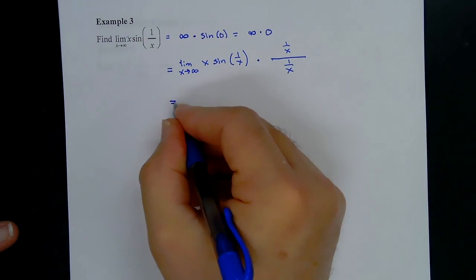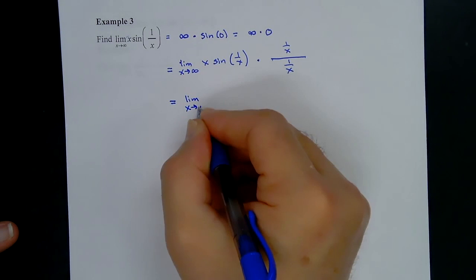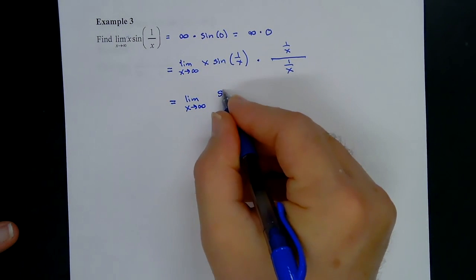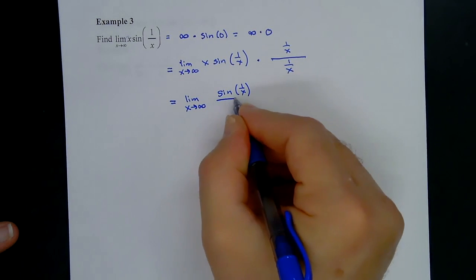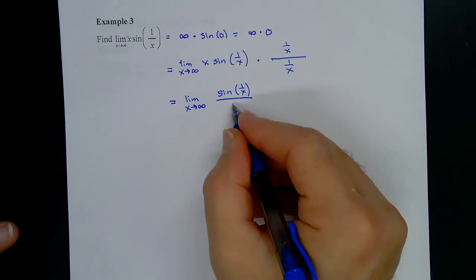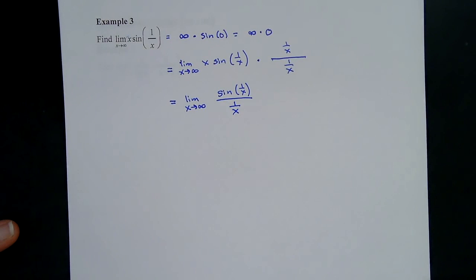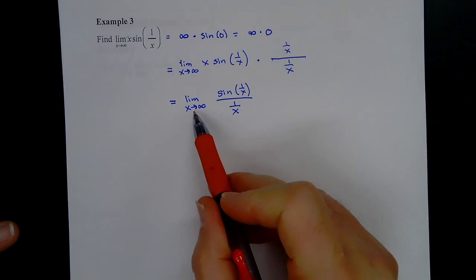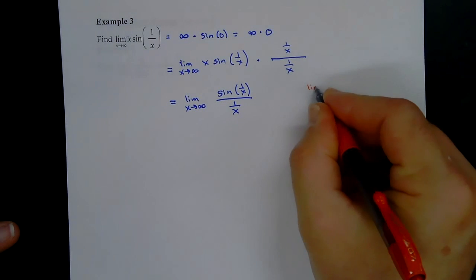And so we wind up with the limit as x approaches infinity of sine of 1 over x over 1 over x. Now what happens with this, I'm going to switch colors for this. When we take the limit as x approaches infinity of the numerator, that would be this.